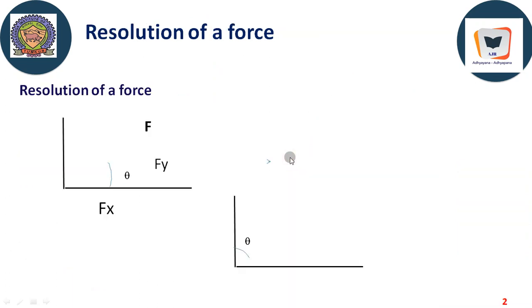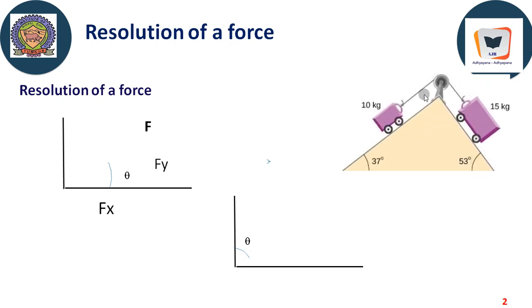In reality, concurrent forces are forces emanating from a point, or forces acting towards a point, and in a concurrent force system they may come in various directions. Look at this. This particular trolley also represents a concurrent force system, and so also this.